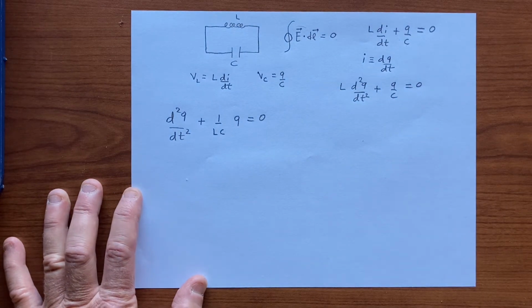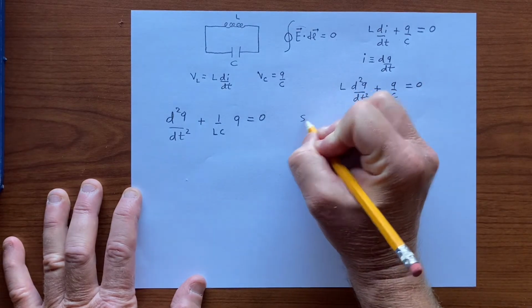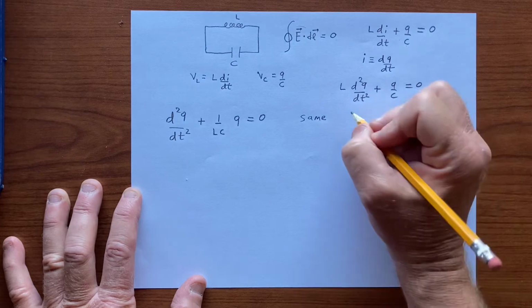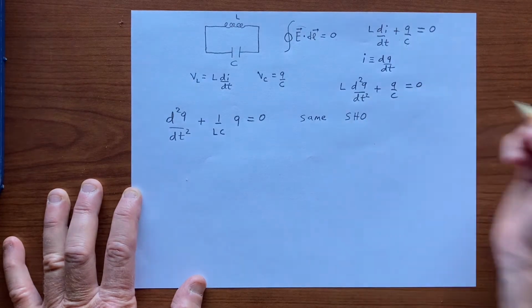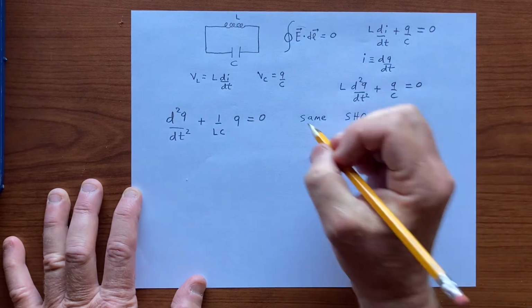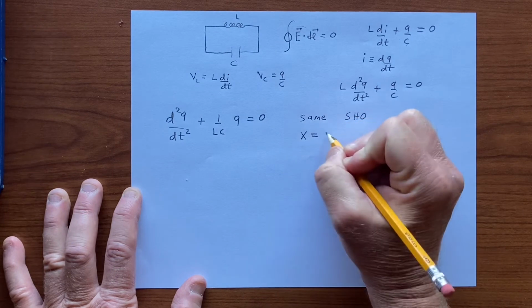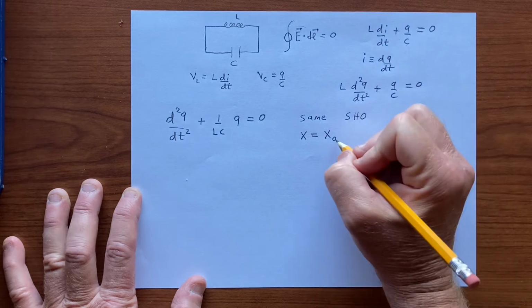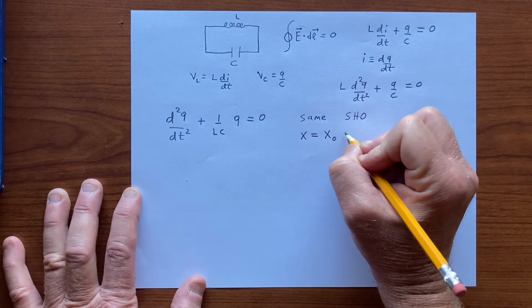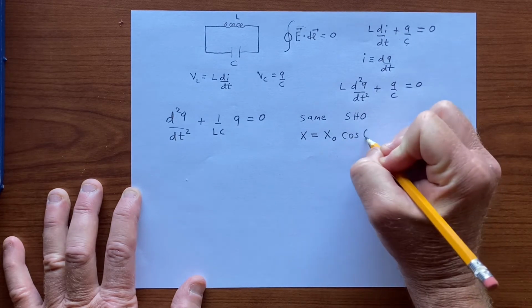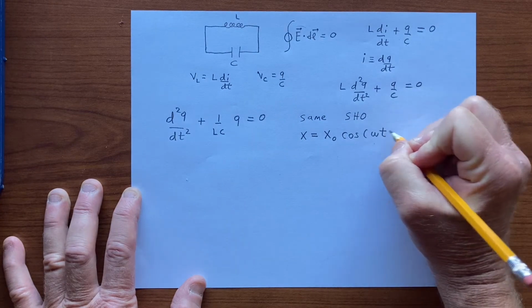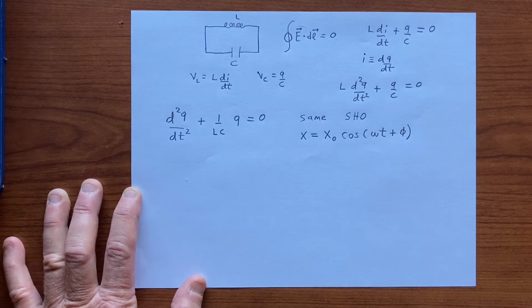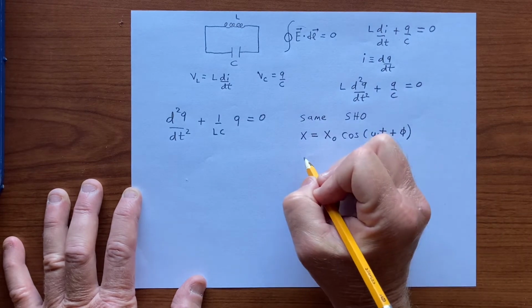It's fairly straightforward, but it's interesting to notice that this is the same as the simple harmonic oscillator, SHO, where the position of the oscillator is determined by an amplitude times the cosine of the angular frequency times time plus some initial angular position, phi.